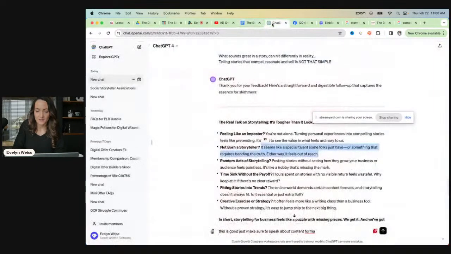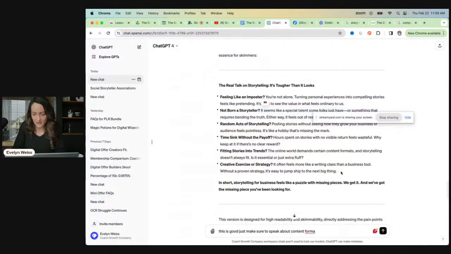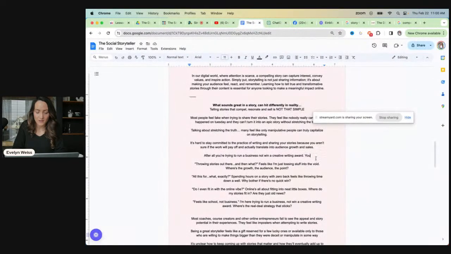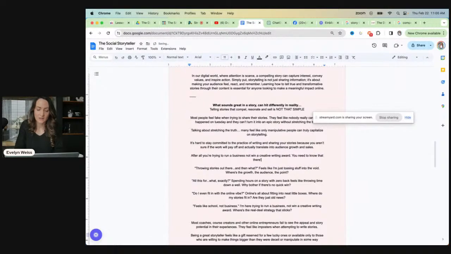And then I loved this portion that it said here. Without a proven strategy, you need to know that there's a system and strategy behind it so you can stay the course.